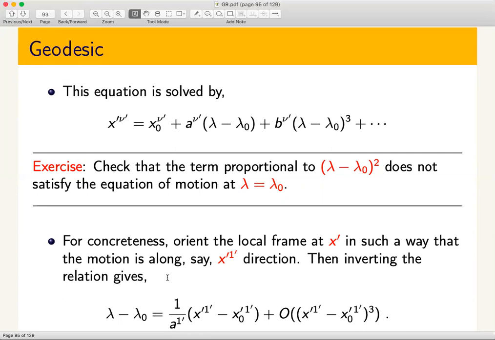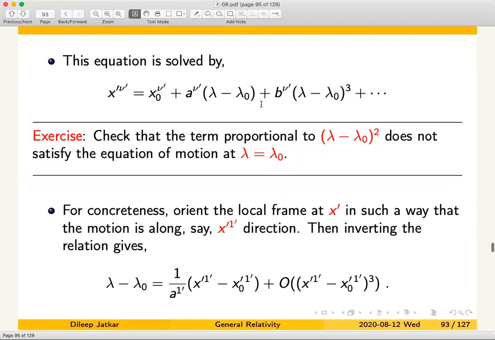Okay, so you can easily see that the first term is just setting b equals 0 and taking lambda minus lambda 0 equal to x minus x0 upon a. Okay, and since the motion is taken to be in one direction, I can just choose that direction and it's easy to write down this solution there.